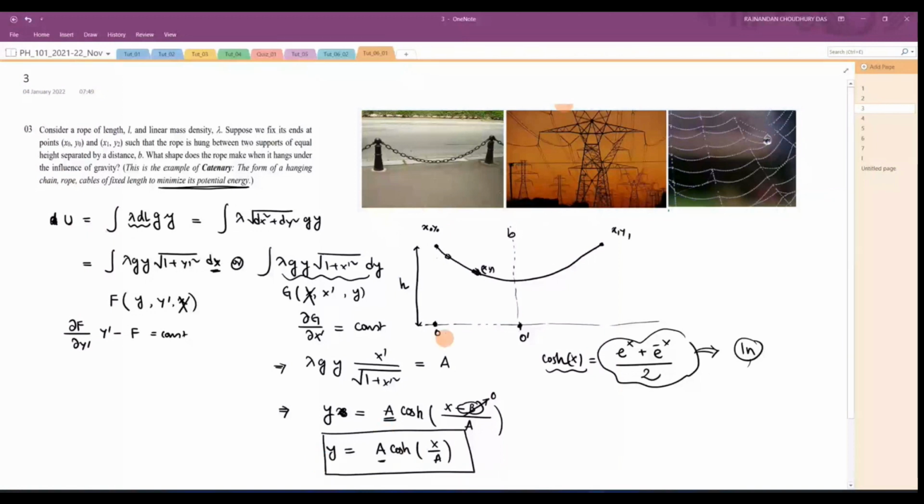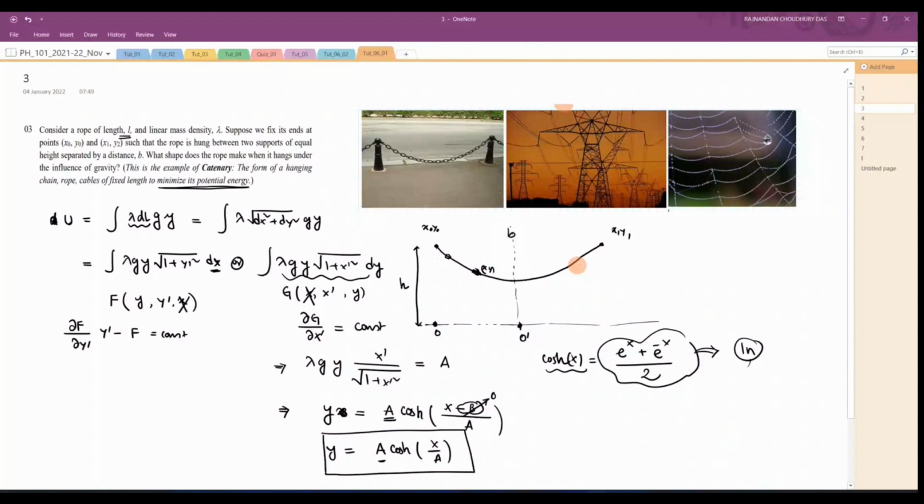You can get your a by saying that the length of the string is given to us as L. You can consider that to get your a, or otherwise you can take the height of the post also to get this a. So you can say that the length of the string is basically L. How to get the length of the string?